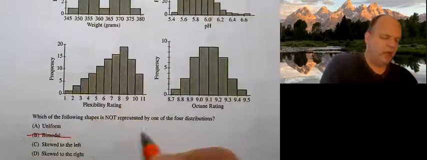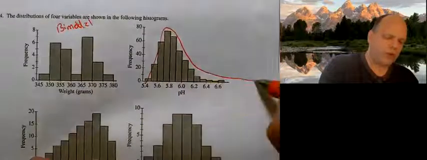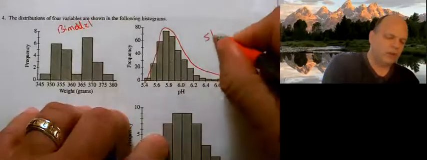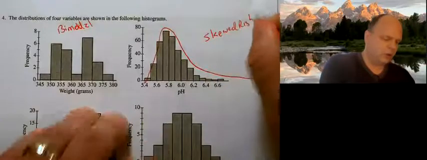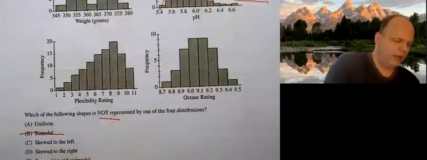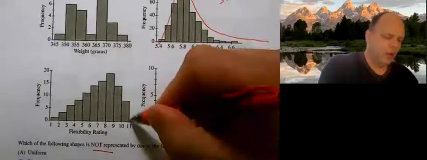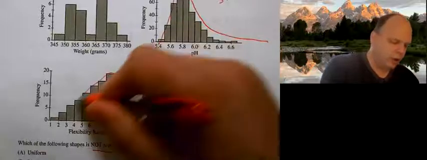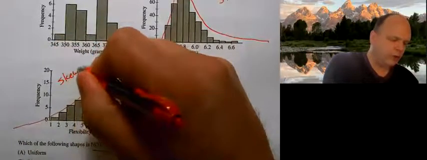So, and they want not represented. When I look at this, this has obviously been stretched to the right. So this makes this skewed right. And we definitely have skewed right as a listed possibility, so we can scratch that one off. This one here, stretched to the left, so that makes it skewed left.